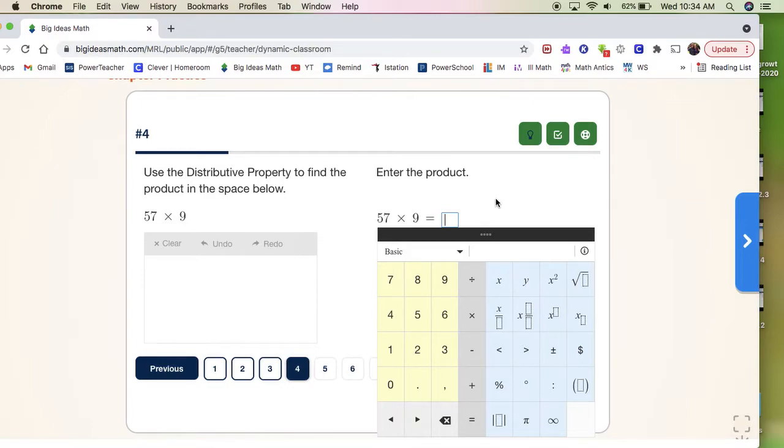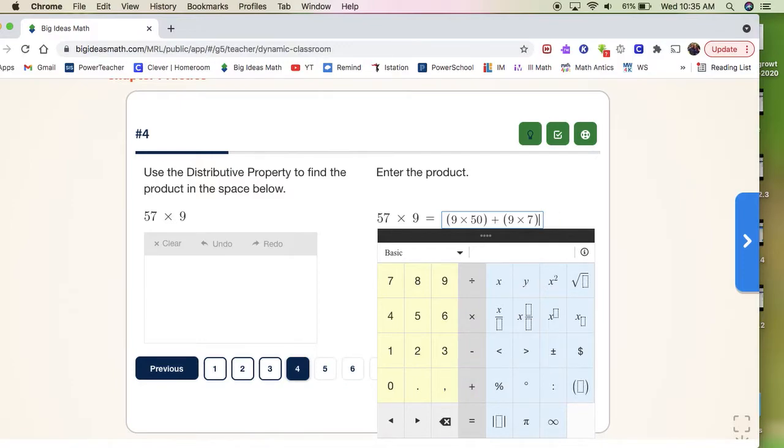I don't think I have room to type that, so I'm just going to type it like this. 9 times 50 plus 9 times 7. So there you see the 57 right there. I think you can still see it. I've multiplied it by both the 50 and by the 7.